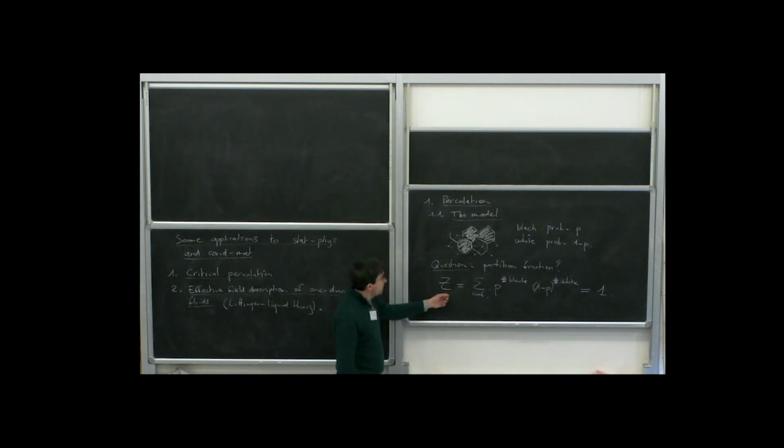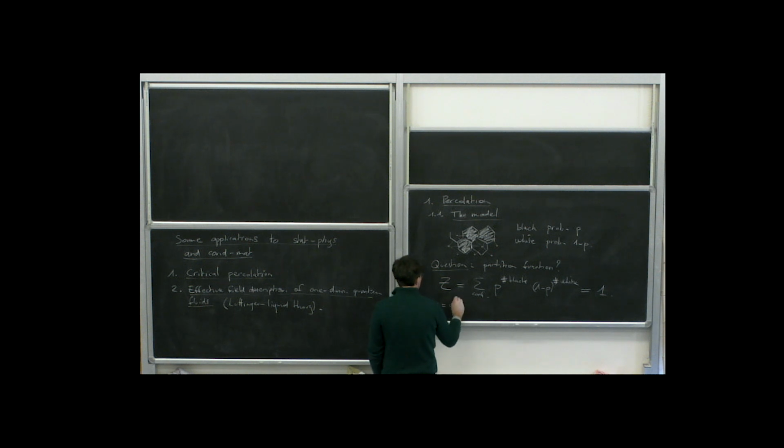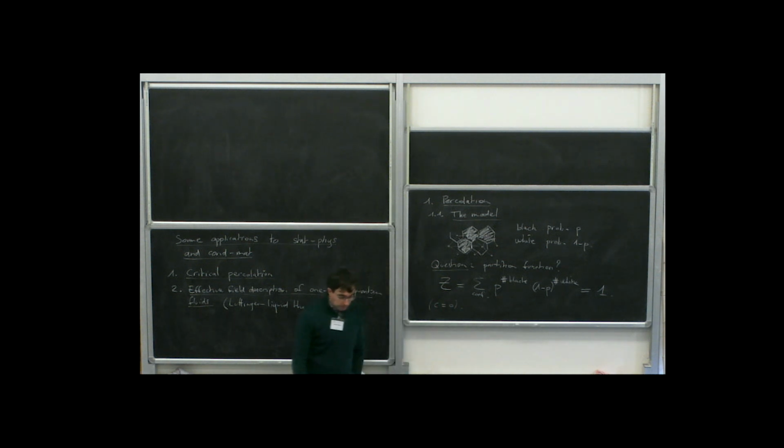So what does this mean about the central charge of the system, the fact that the partition function is 1? It means that whatever we are going to do, there cannot be a non-trivial central charge here. So we'll come back to that later, but the central charge is 0, and this turns out to be important.